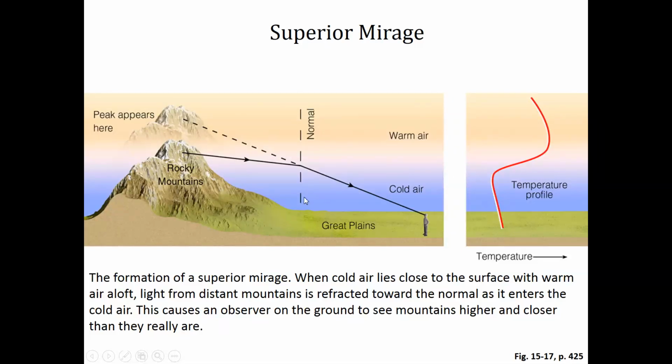And because it enters it at an angle, rather than coming straight in, rather than being perpendicular to that boundary, it bends. And therefore, it's coming towards your eyes from a different angle than it was actually coming off the mountain. Therefore, it appears to you that it's a lot higher than it otherwise was.